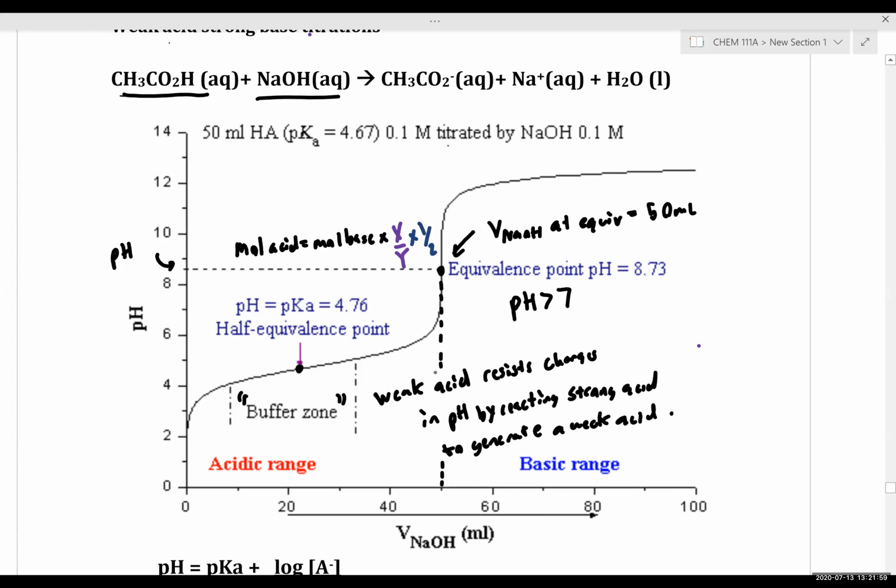We just extrapolated down to our x-axis in our plot. We also see that at the half equivalence point, the volume is equal to 25 milliliters. So from the graph, we can read off the volume at the equivalence and half equivalence point, as well as the pH at the equivalence point and half equivalence point.